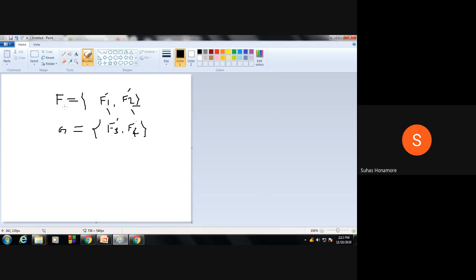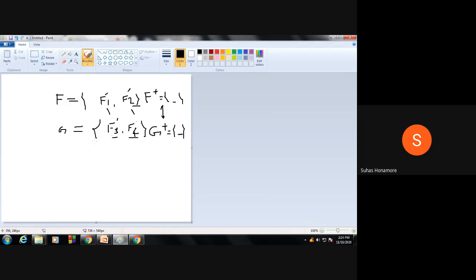So in F closure and G closure, all the FDs are the same. At that time we'll say F and G are equivalent.